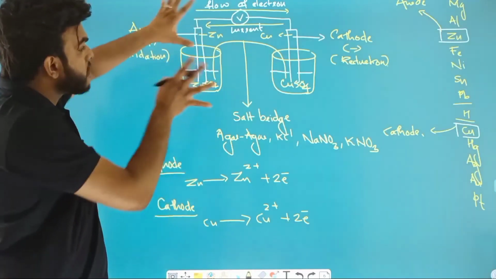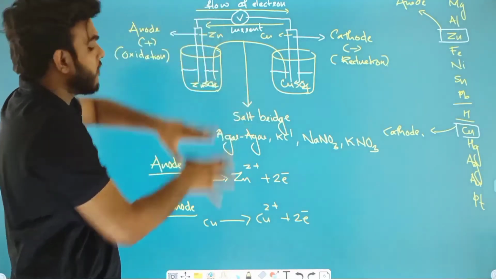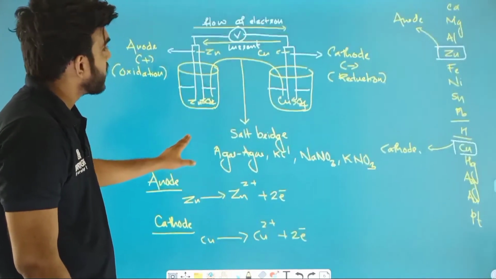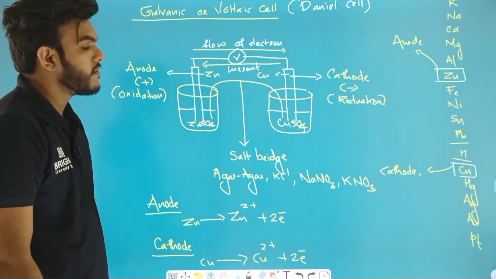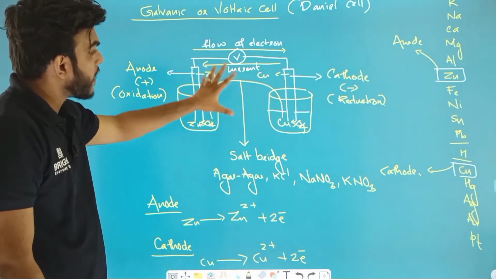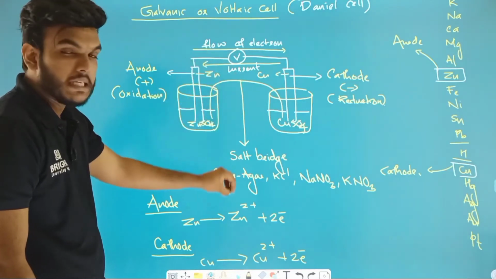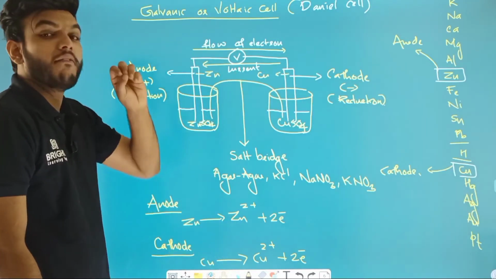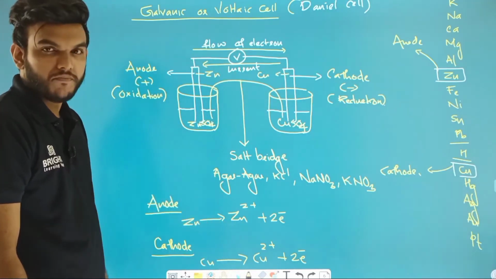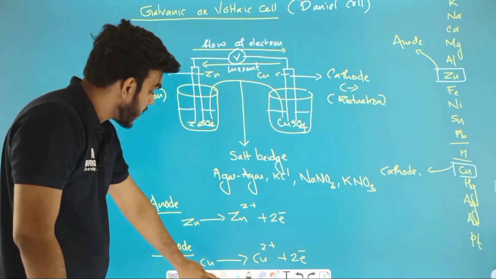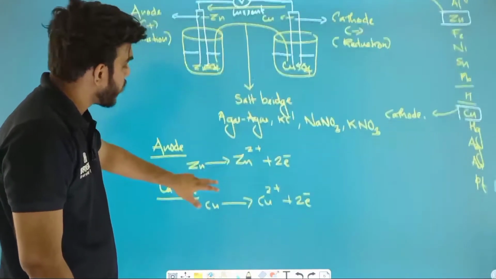This is the actual structure of a galvanic cell, and as I already gave you, the galvanic cell is also known as the Daniell cell. This concept, how to draw this structure, and how to consider an anode and cathode is a very important concept. See here, I will show you one more thing.